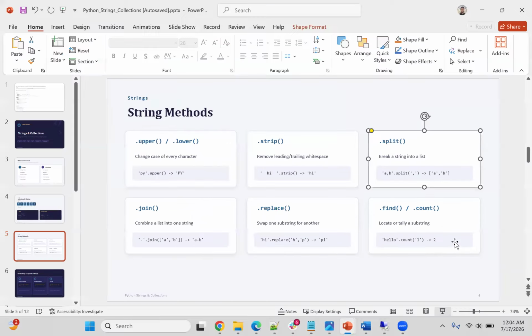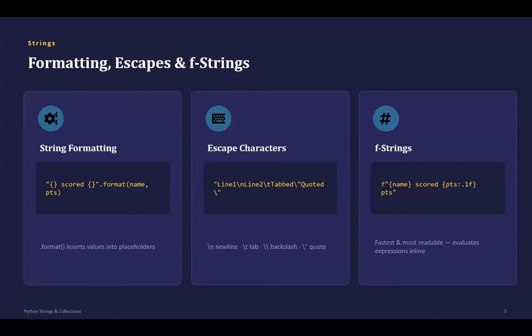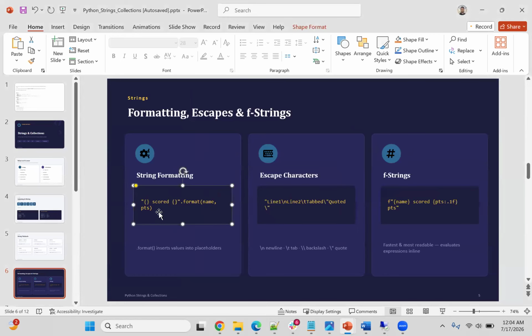We'll look into this one, we have a couple of questions we'll do over there. Same goes with here, we can do the practical with this. Like string format, it basically formats a string. Suppose I'm passing name and points over here.